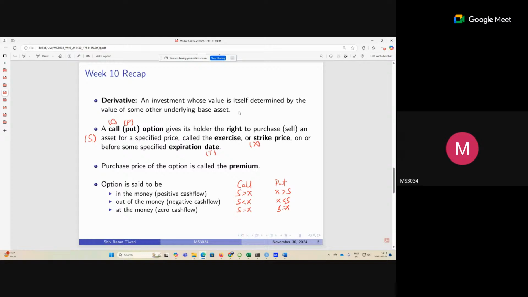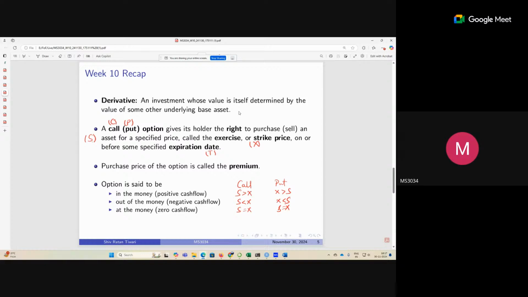There are two types of options: call option and put option. A call option is a derivative product which gives its holder the right to purchase the underlying asset. Normally, if the option is defined on a stock, it gives the right to purchase the stock at a pre-specified price, which we call the strike price or the exercise price, on or before some specified expiration date.